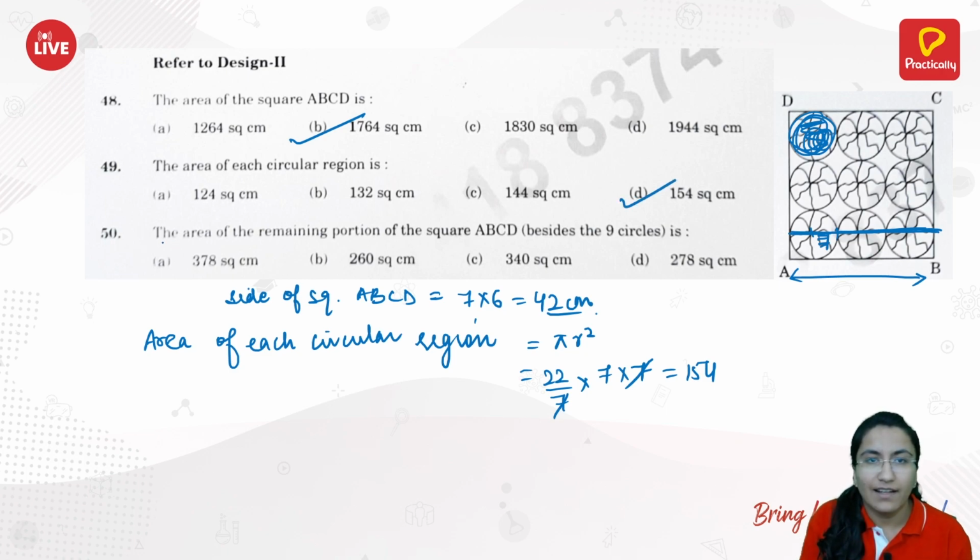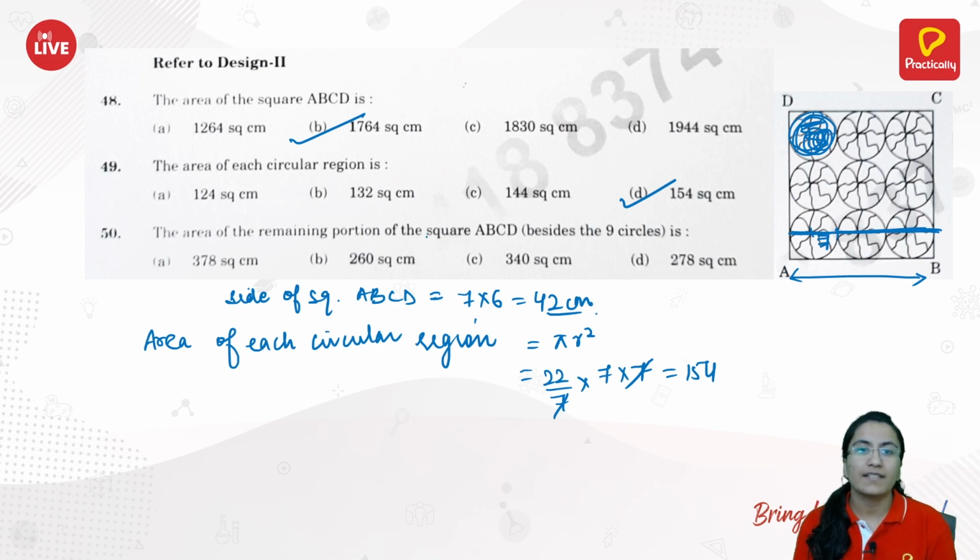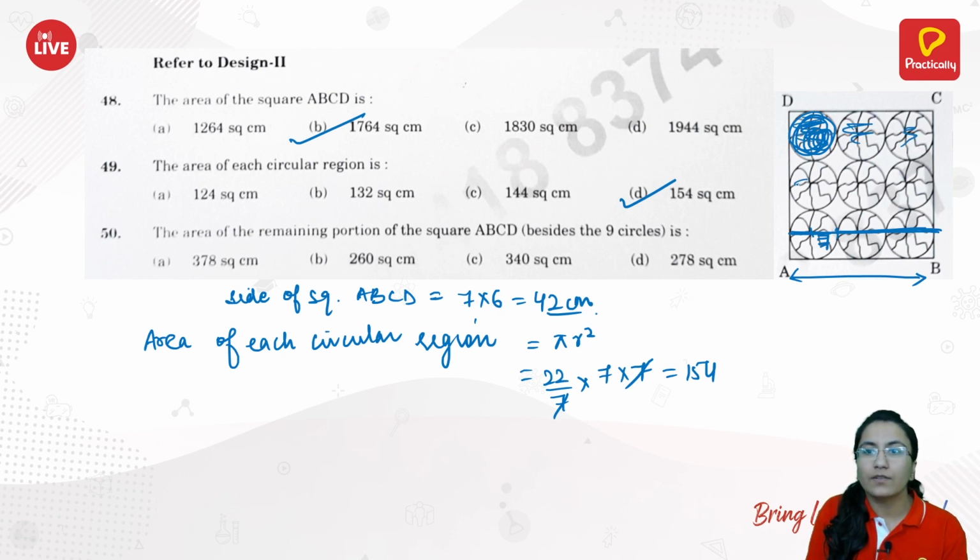Right, the last question is the area of the remaining portion of the square ABCD besides the 9 circles. If you cancel off the area of the 9 circles, whatever is the remaining portion, this is the remaining portion, right? That is what you are supposed to find.